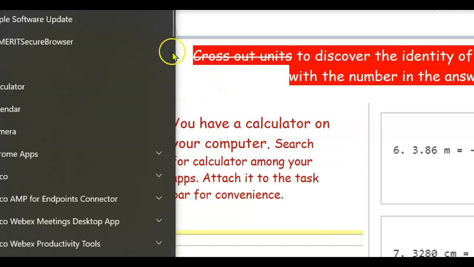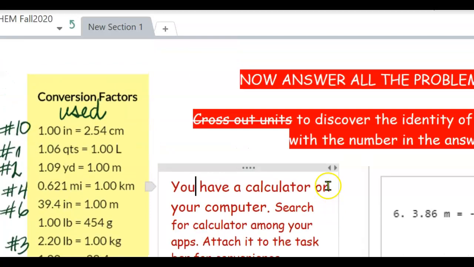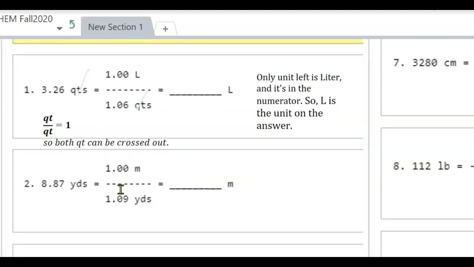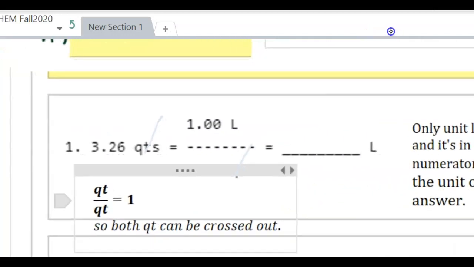All right. Now, answer the problems below. Remember, cross out the units to discover the identity of the unit that goes with the number in the answer. All right, so let's go down here and do this first one. Let me make it gigantic.